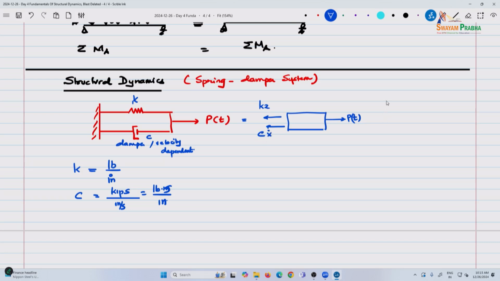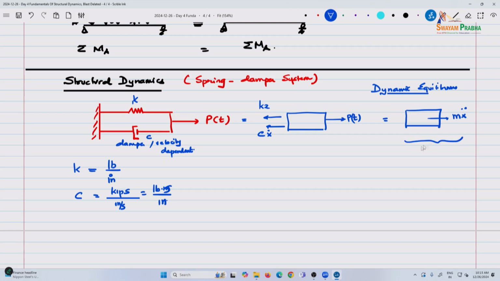And in a dynamic equilibrium, so this whole thing is in a dynamic equilibrium. There are several ways to look at it. I like to put this in the form of a free body diagram, then you have a dynamic free body diagram. This is mx double dot. So the force mx results in an acceleration.